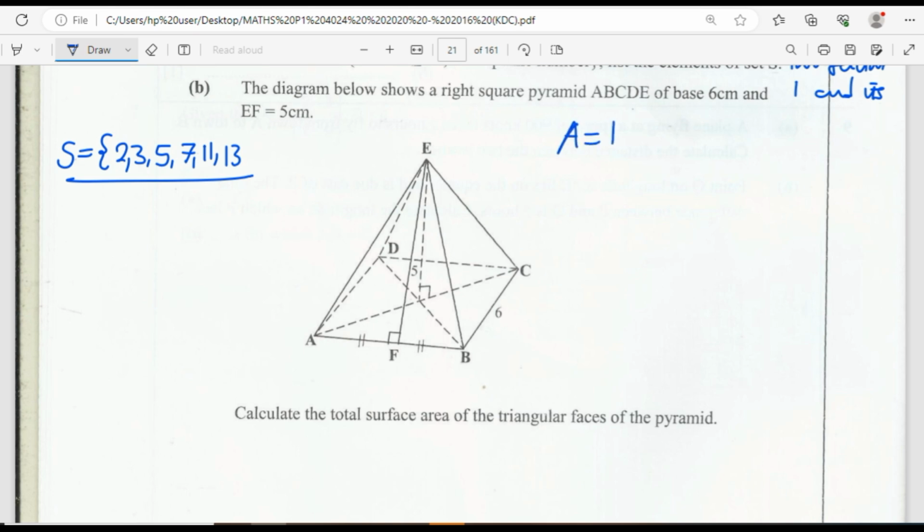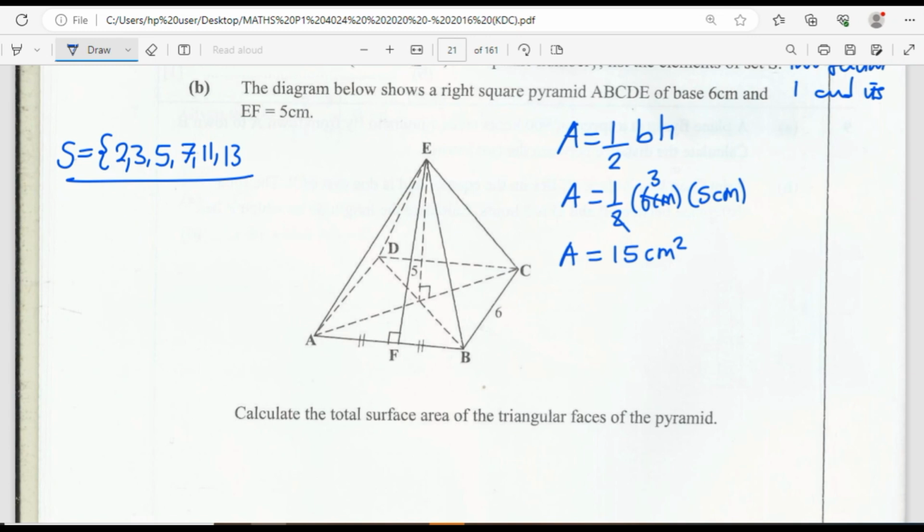So we know that the area is equal to half base times height. So it's half, the base is given as 6, this line here, 6 centimeters, times the height, which is 5 centimeters. So half of 6 is 3, and 3 times 5 gives us 15 centimeters squared.